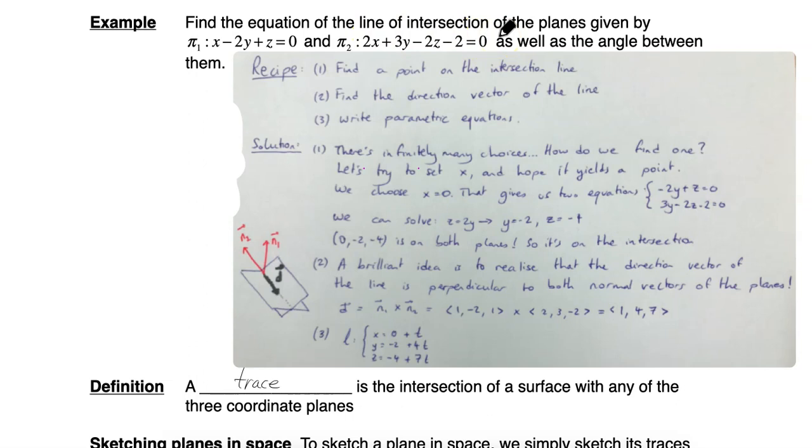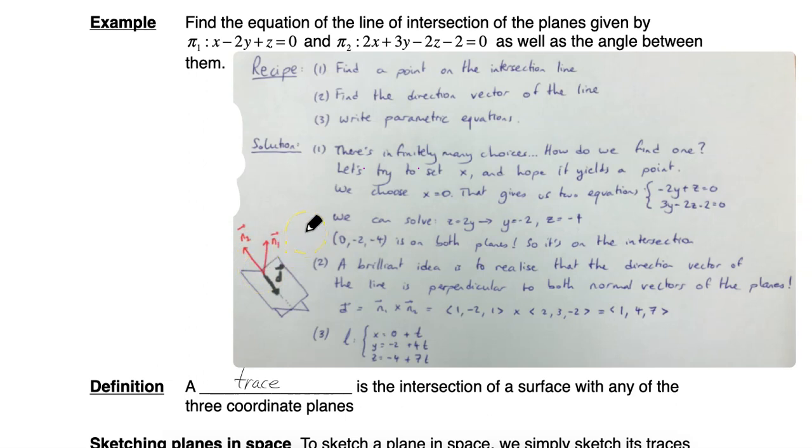Step number 2 is to find the direction vector of the line. That's not obvious either, but a great idea is to remember we have normals to each plane. We have n1 perpendicular to plane 1, and n2 perpendicular to plane 2.